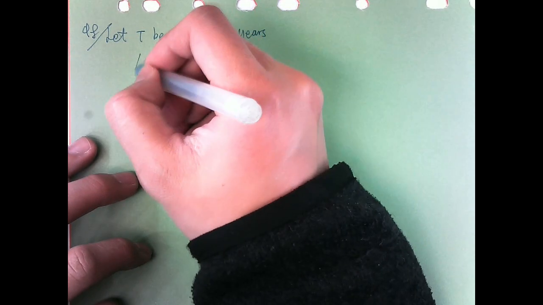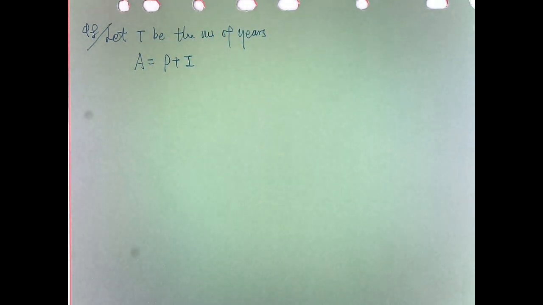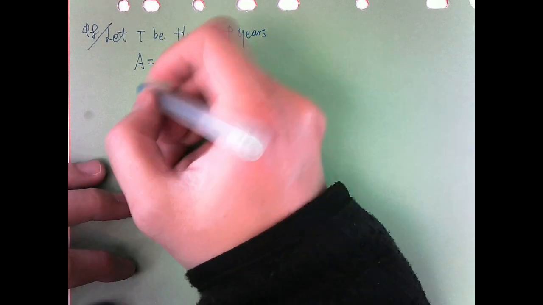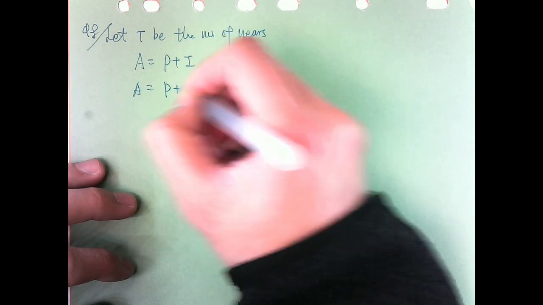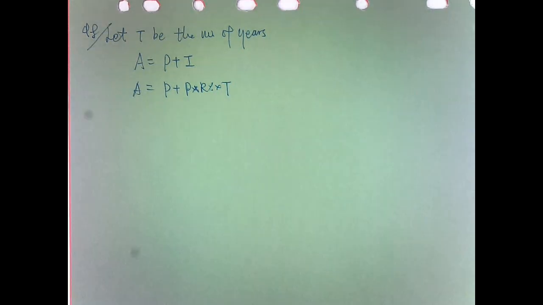So you have to use the A formula. So do you have the I? No. So extend this. P times R percent times T, right?